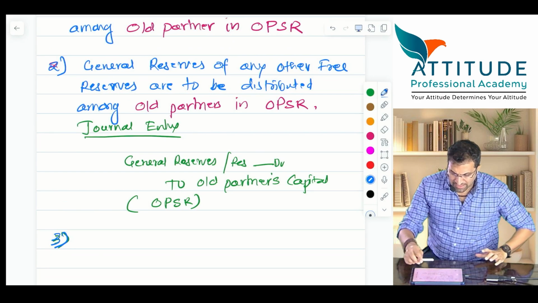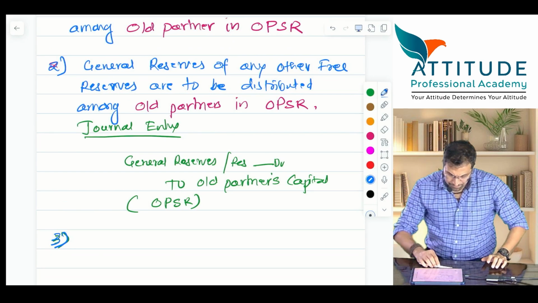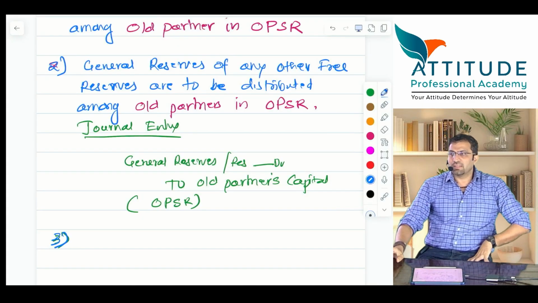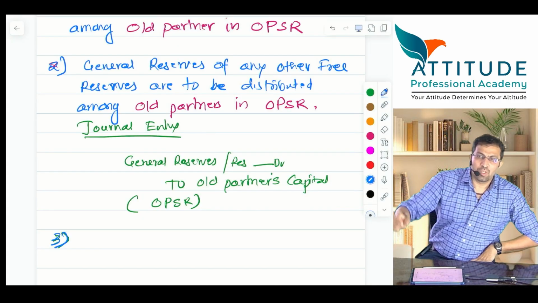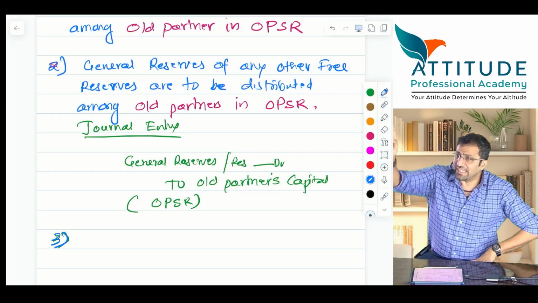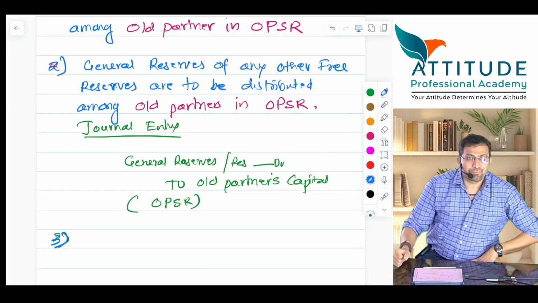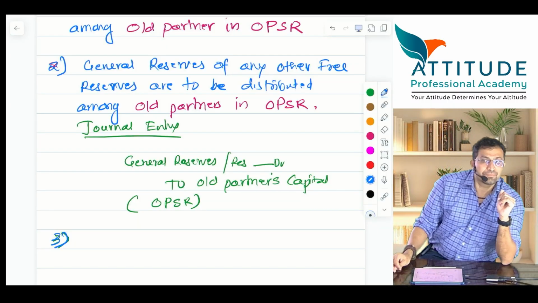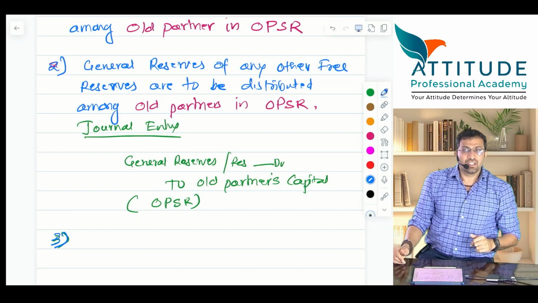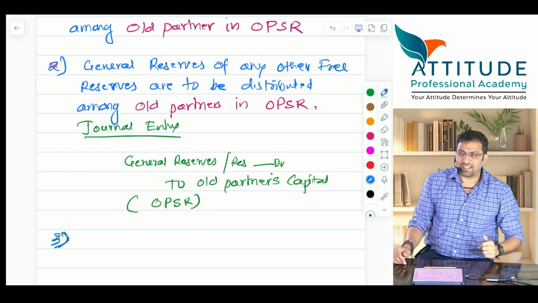Okay, before going ahead to the next one, I would like to tell you something. Please concentrate, stop writing. A and B, you have started a partnership firm 10 years back. And 10 years back, you had purchased a land worth rupees 10 lakhs. After 10 years today, you are saying, Mr. Vinayak, join us.